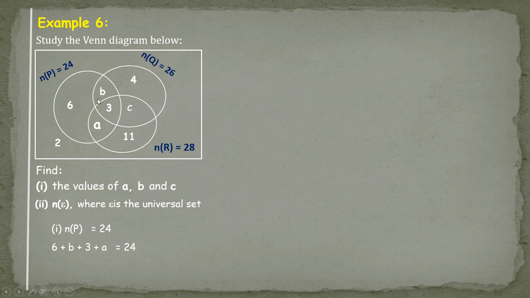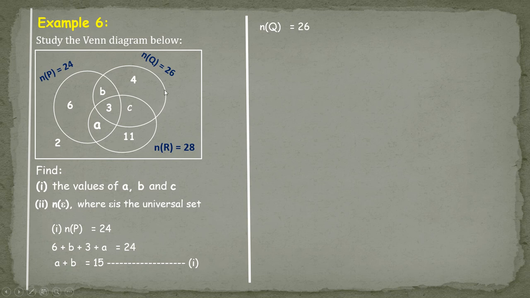You realize that here number of P, once I add all this, I should be getting 24. So I will say 6 plus B plus 3 plus A should be 24. So I come up with this equation. Now similarly, formulate another equation from Q. Add all this and equate it to 26. So we shall have B plus 4 plus 3 plus C equal to 26.